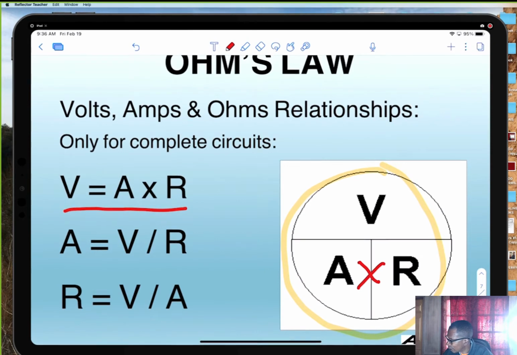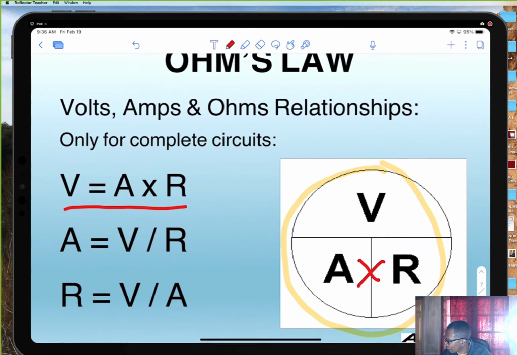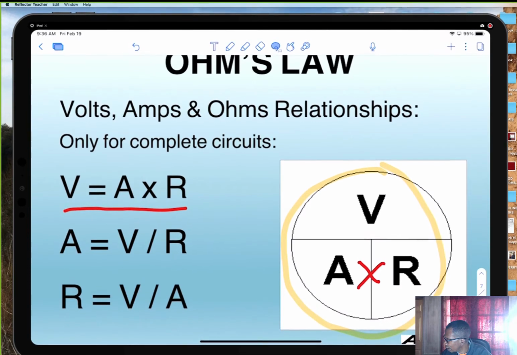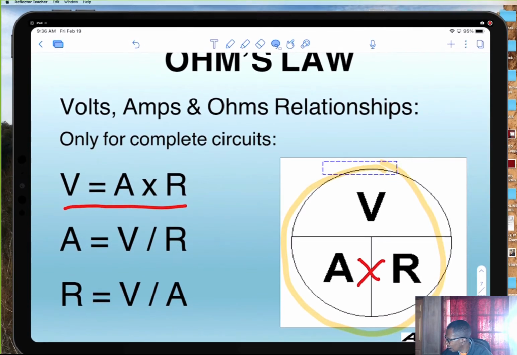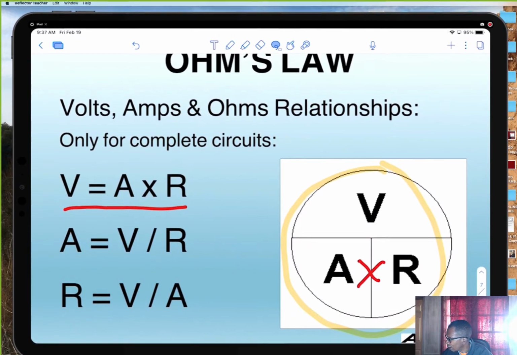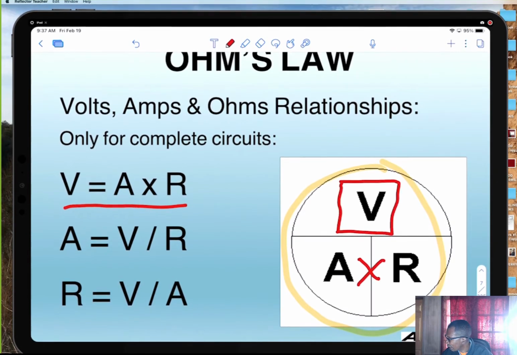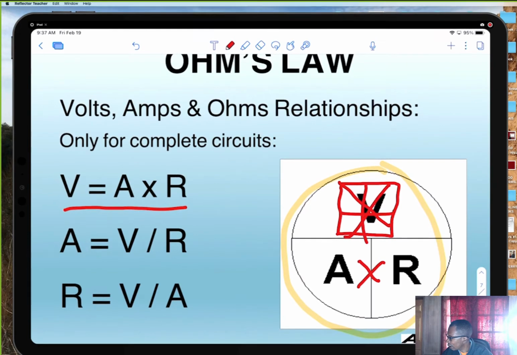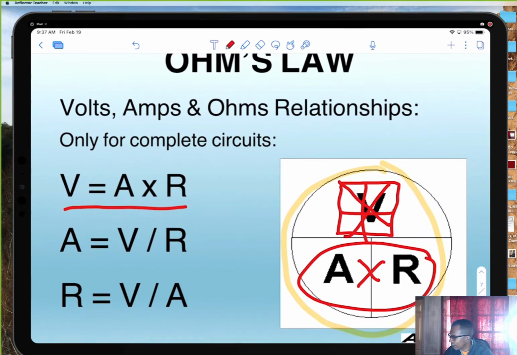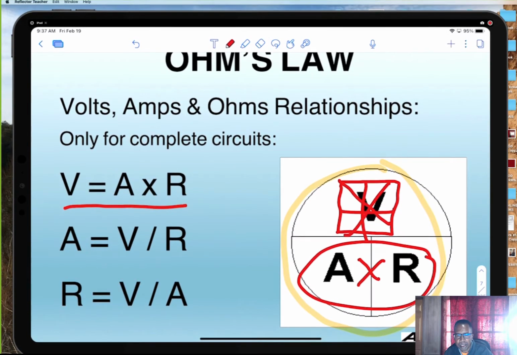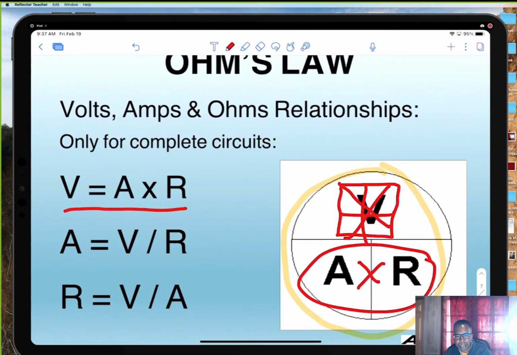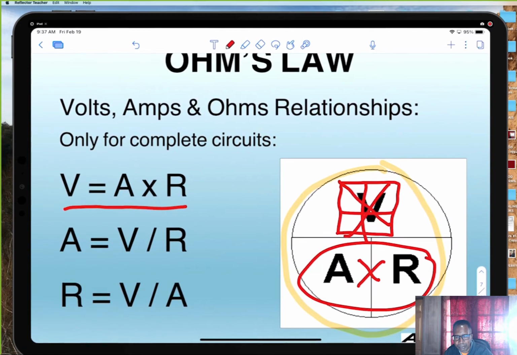For instance, for voltage, I would cover this up and do the math: amperage times resistance gives me voltage.